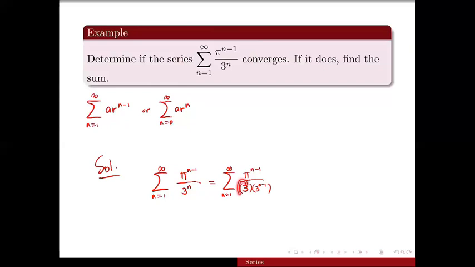We separate this denominator 3, and then we put these guys here into a single exponent. So this guy, it's just n from 1 up to plus infinity of 1/3 times pi over 3 raised to n minus 1. So now, we have this form here.